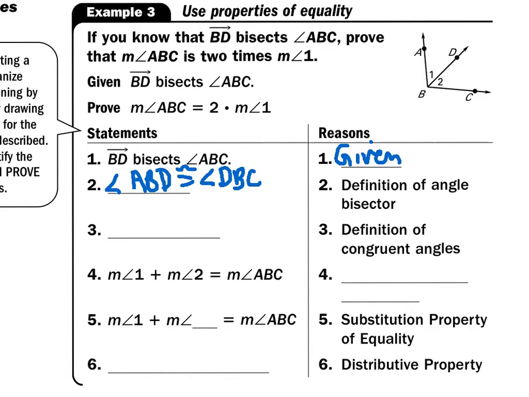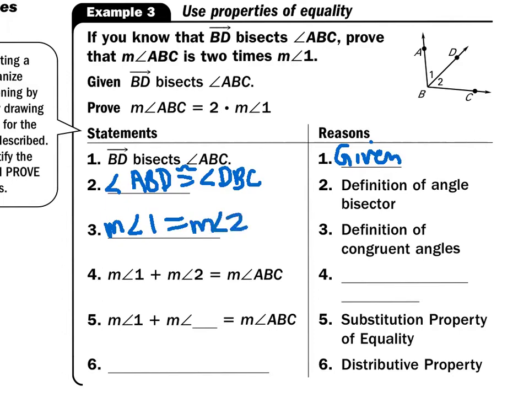Now, what does congruent mean? Congruent means that the measure of angle 1, or ABD, is the measure of angle 2.